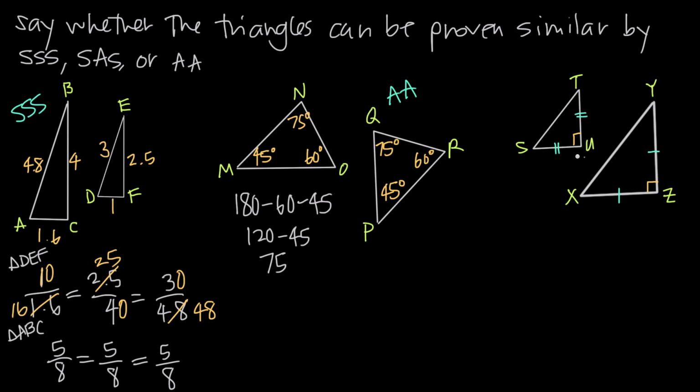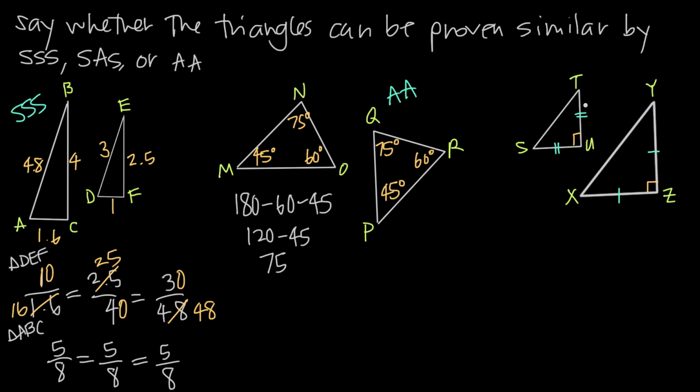In our last example here, we have triangle STU and triangle XYZ, and we want to try to prove that they are similar. Clearly, we can see that the side lengths are different, but of course they might still be similar. So in both triangles, we've been given information about 2 sides and an angle. So we're probably going to try to use the side-angle-side theorem to prove that they are in fact similar.